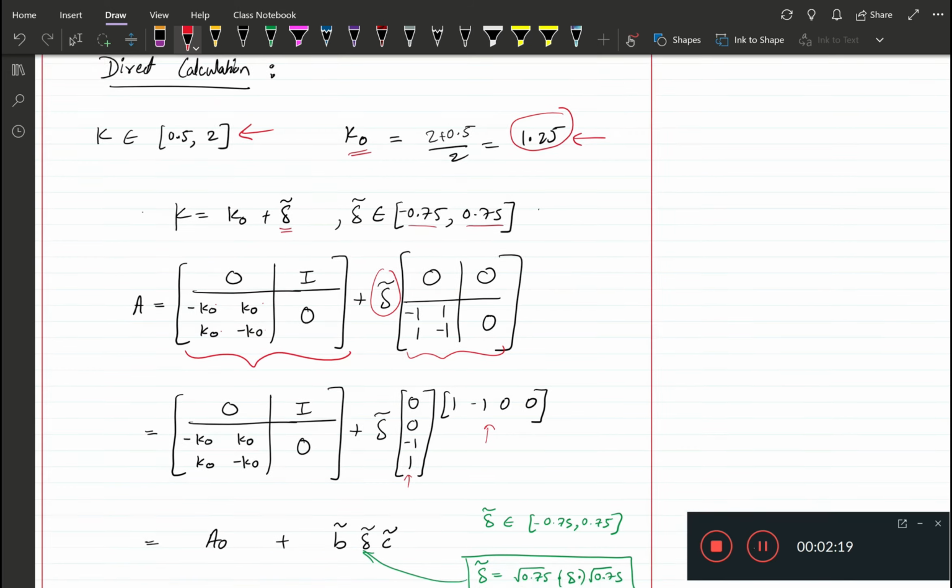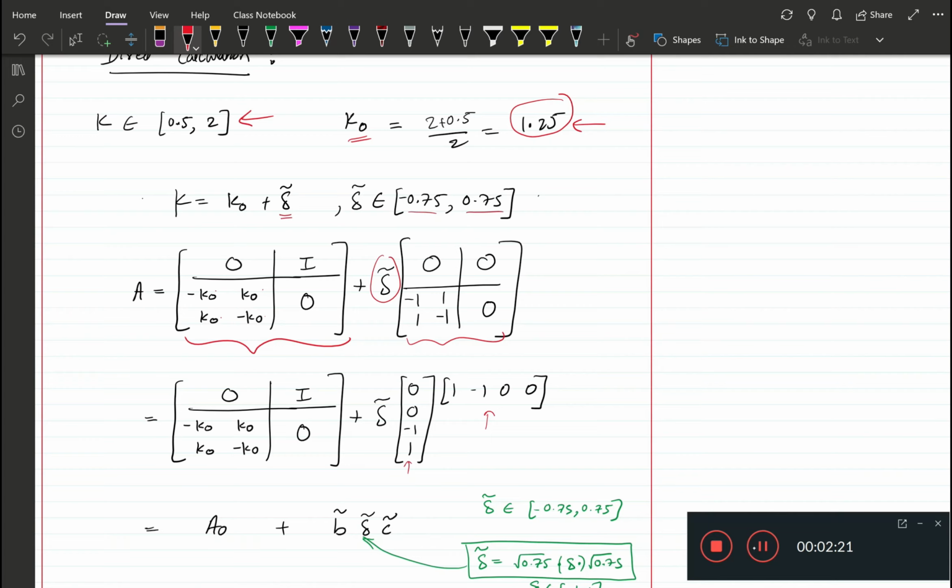So now we can say that this A is A0 plus this matrix. Let's call the column B tilde and the row C tilde, all column and row vectors seen as matrices.